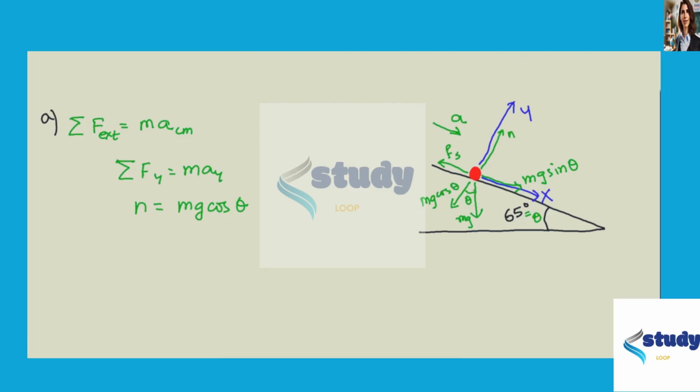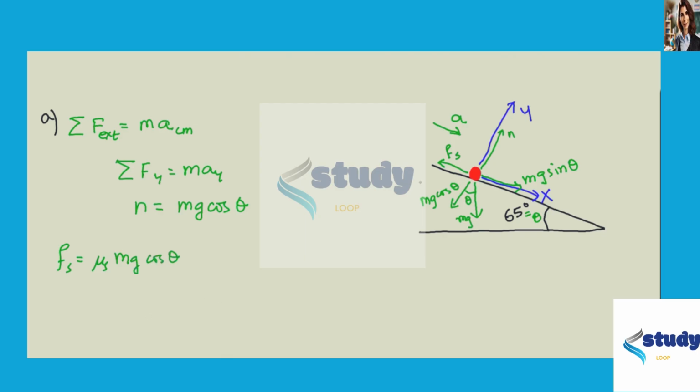Then we also have the x direction, where Fs is the coefficient of static friction times the normal force, which is mg cosine theta.